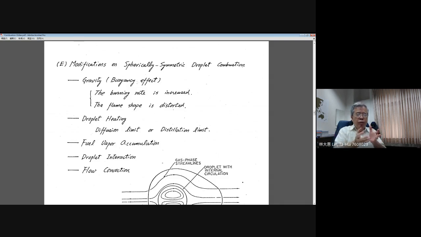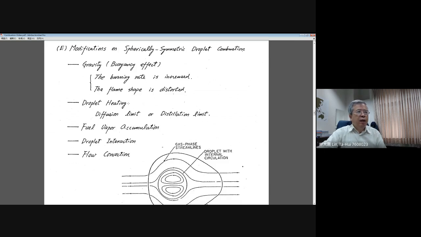Usually your flame will not retain a spherical shape. Actually it is destroyed, and they will have tail flames. By this influence, because all the hot products will be pushed upward by natural convection, the burning rate usually is increased. This is one thing I need to mention.